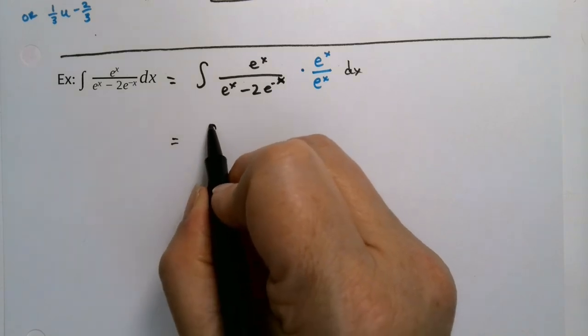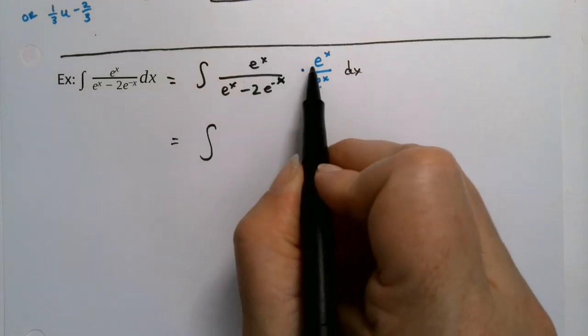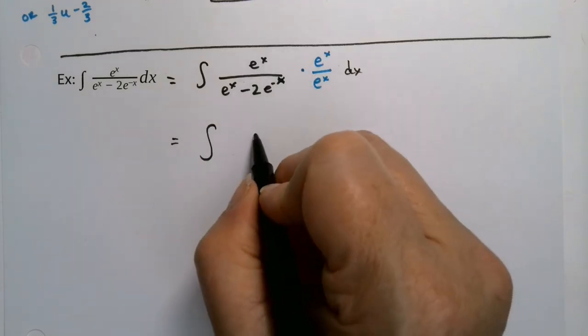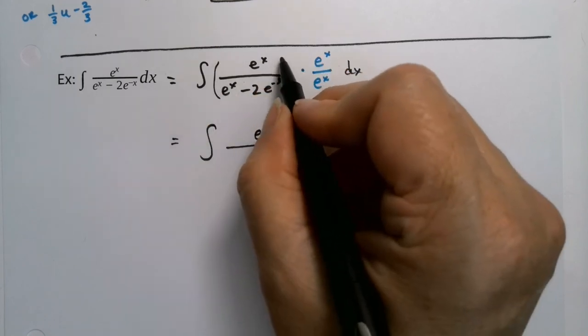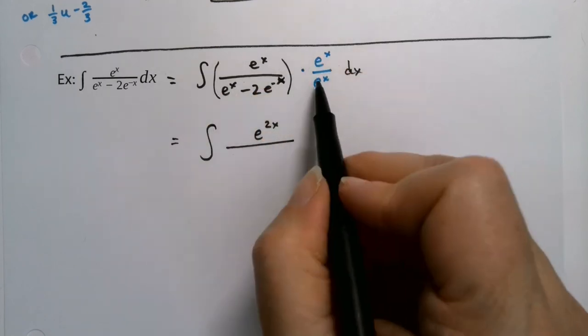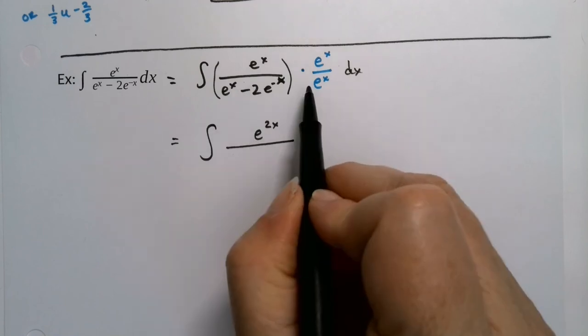So this is the integral of, okay, e to the x times e to the x is e to the 2x. Now remember, that division is a grouping symbol, right? So you're multiplying everything down there by e to the x.